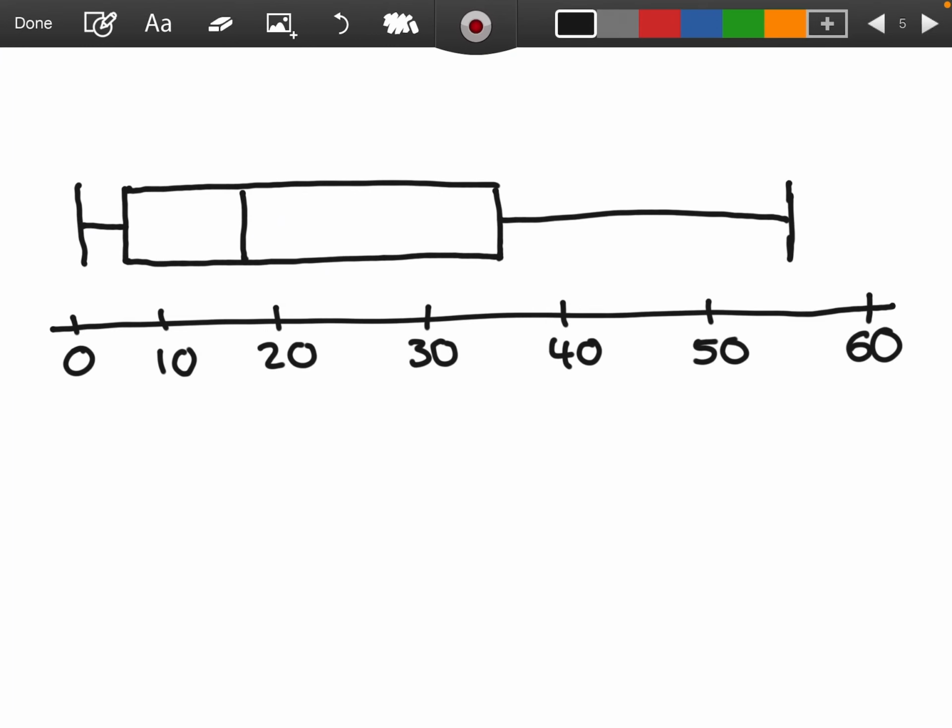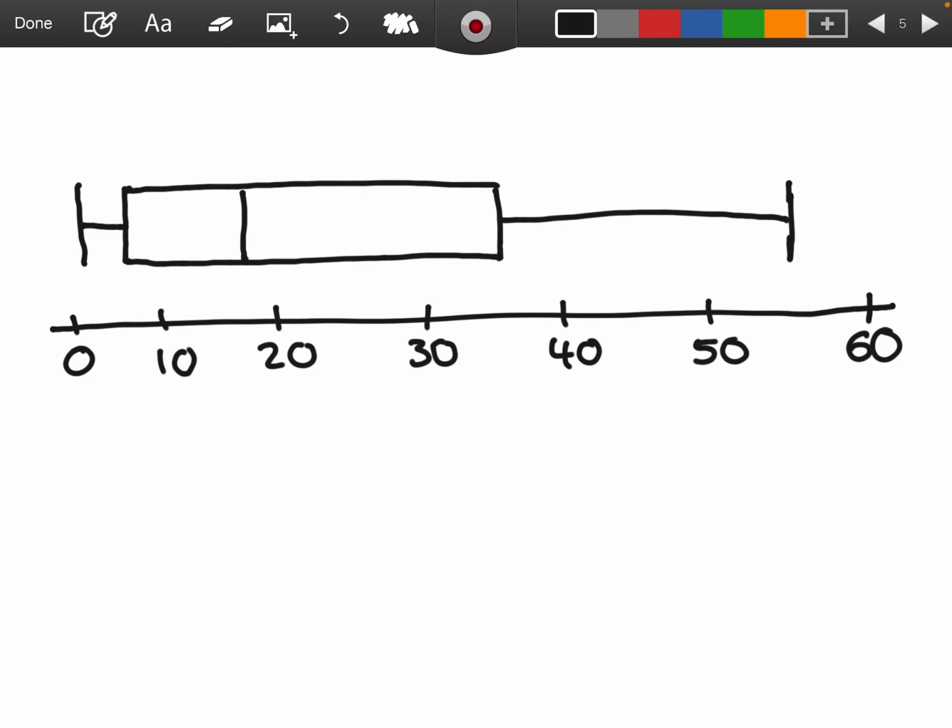One last thing I also want to point out. The reason that they are called quartiles is because they split your data into roughly 4 segments. Okay. Roughly 25% of your data is less than the lower quartile.